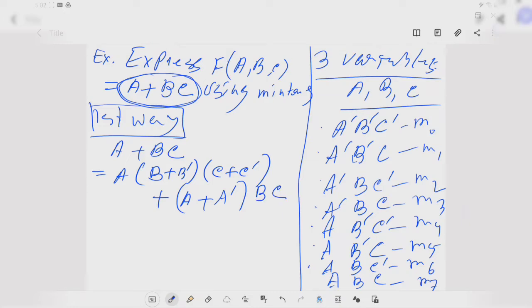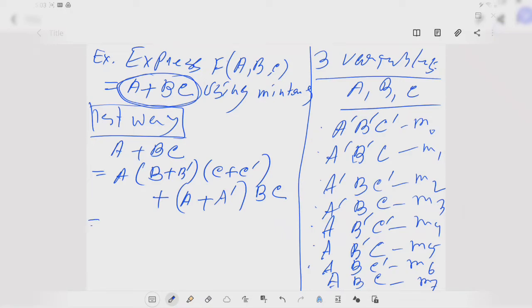So how do we write it? We know that b plus b prime equals 1, c plus c prime equals 1. So a times 1 times 1 equals a. Similarly, a plus a prime is 1, and then (a plus a prime) times b c gives us b c. So adding here a plus a prime is correct.